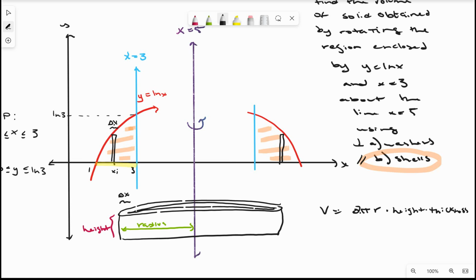So let's figure out what these dimensions are. Let's start with the height. The height corresponds to the height of this rectangle, which is the height of the curve at xi, so that is going to be ln xi.